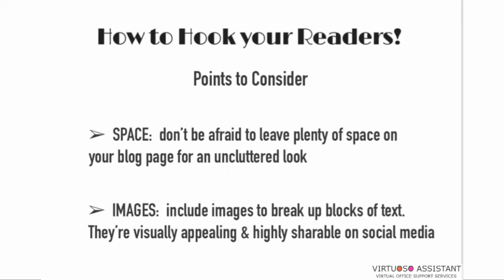One of them is space or white space. Don't be afraid to leave plenty of it on your blog page for a really uncluttered, fresh kind of look. And images, use between say 1 and 3 just to break up big blocks of text. They're visually appealing and they're highly shareable on social media.